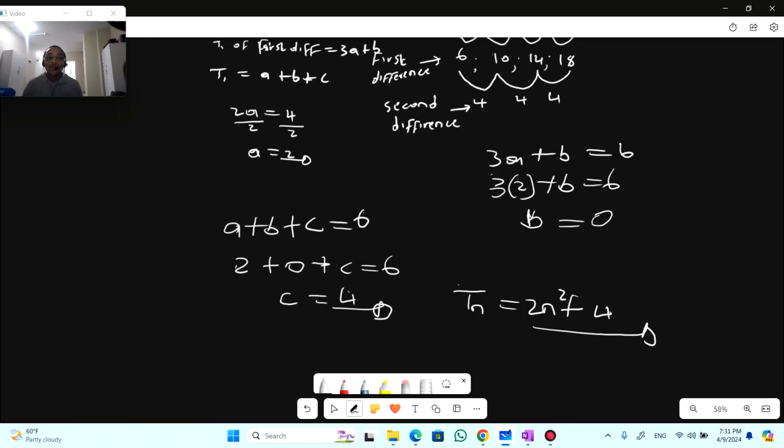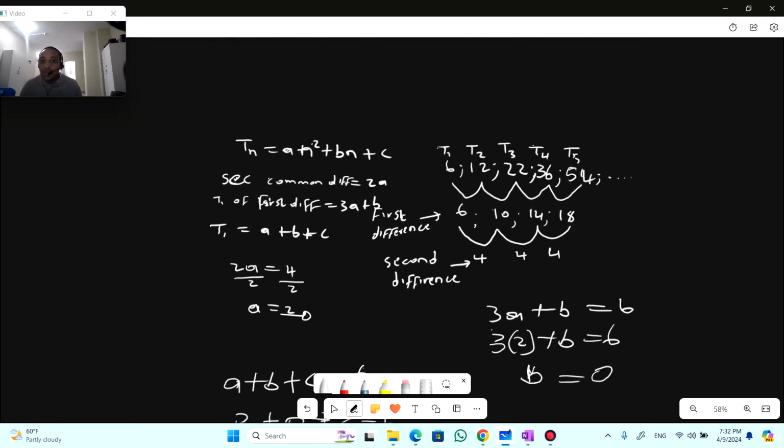And you can also prove using another position. Maybe let's take 2. If you put 2 there, it's going to be 2 into 2 squared plus 4. So this one will be 2 times 4, which is 8, plus 4. So this is going to give you 12. Our second term T2 is 12, so our equation here is correct.